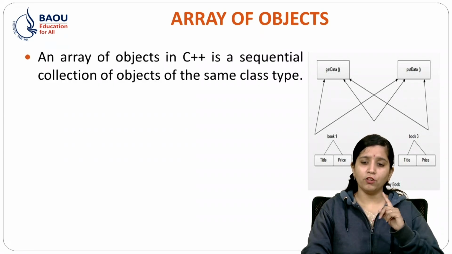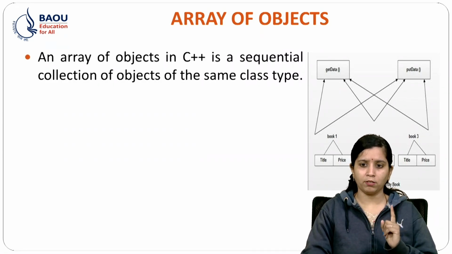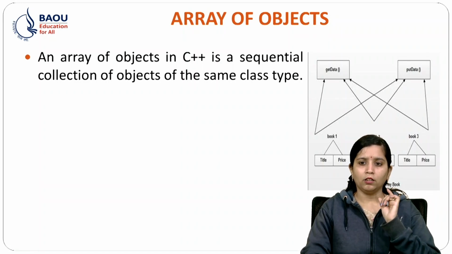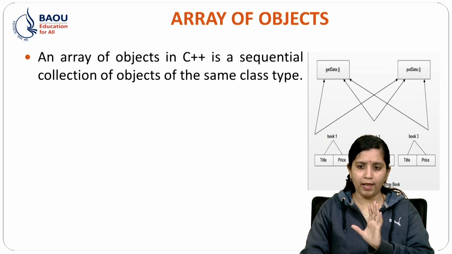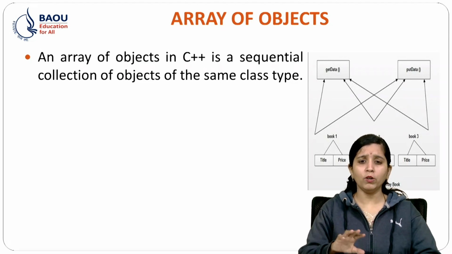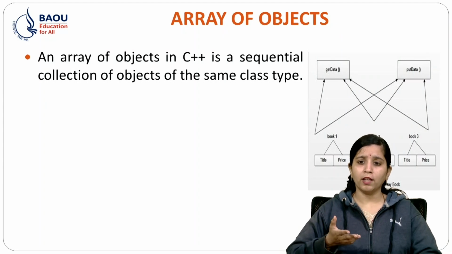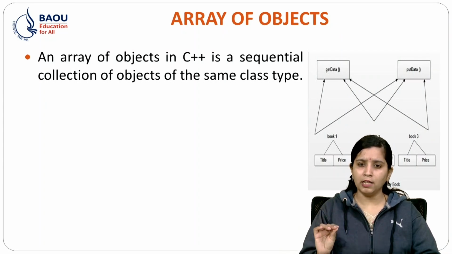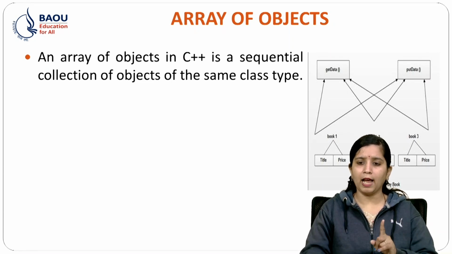We used it with primitive data types, that is int a, and then size 5, an array of size 5. Over here also we can use an array of objects. An array of objects in C++ is a sequential collection of objects of the same class type.